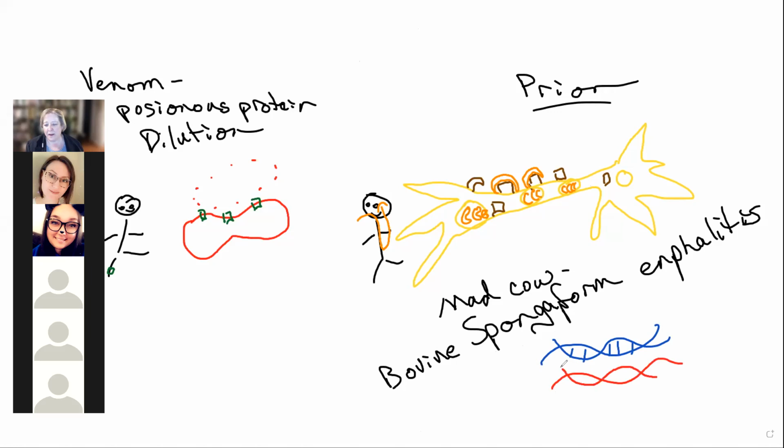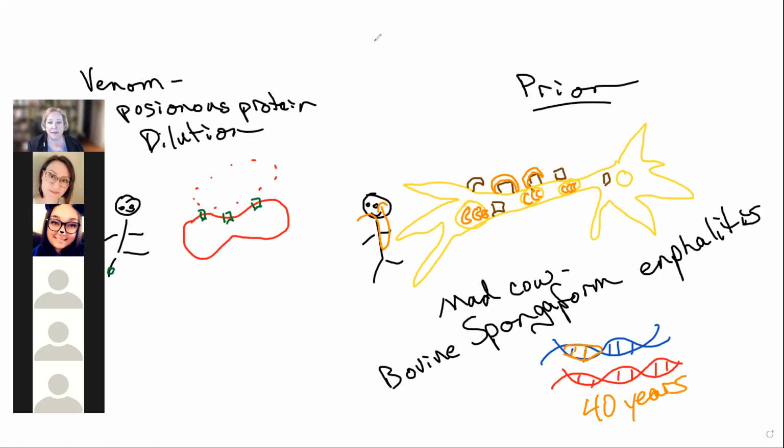Let's say dad has a mutation in this cellular protein and it is a prion instead, but mom's genes are making good proteins. Over time, and it usually takes about 40 years for these prions to accumulate, you end up with a spongiform type encephalitis, and then people die.